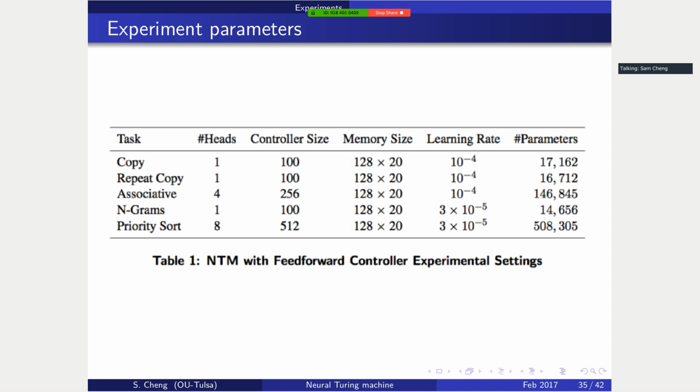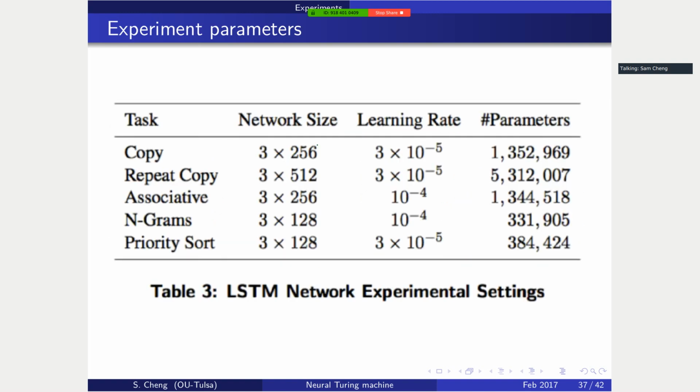The controller will be based on whether you're using LSTM and so on. Then I think this may be a feed-forward one, where the controller size probably is the number of hidden units and so on. And yeah.